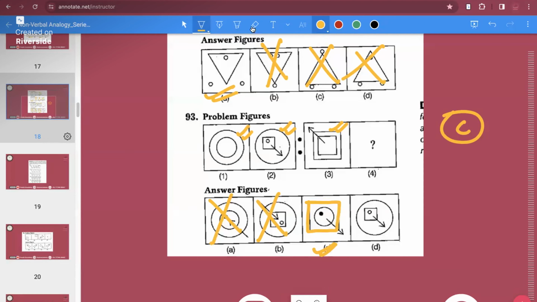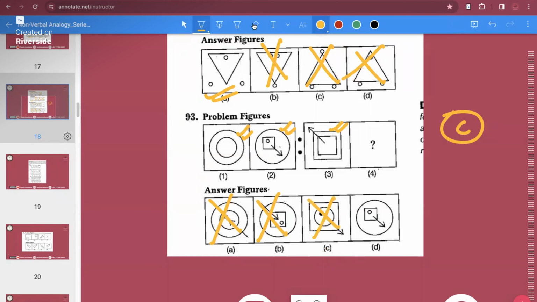Why have we eliminated D? Though it looks like C for sure. If that is the logic, the outer square remains as it is, we can also say the inner square remains as it is. Right? We will eliminate C in that case. Why?